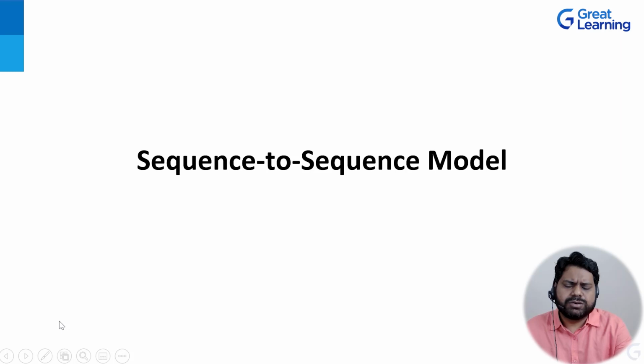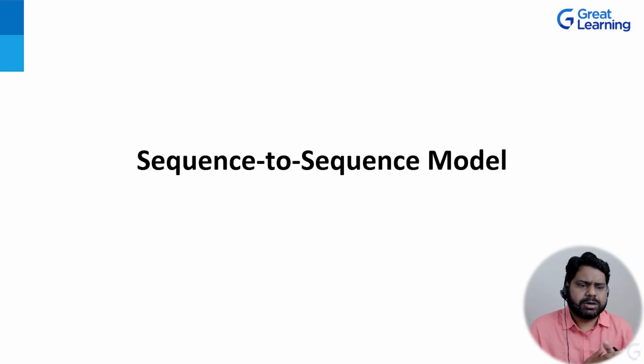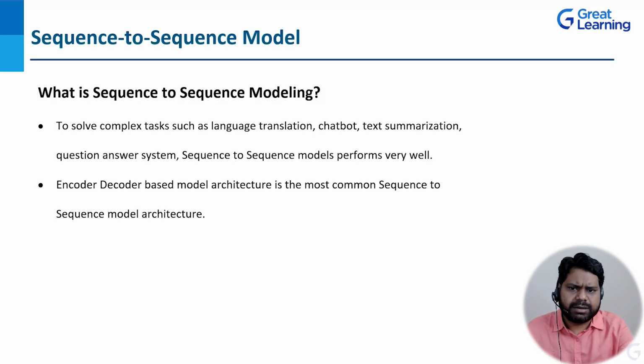So what is a sequence to sequence model? Till now we have covered the basics of natural language processing which we use in deep learning. Now let's try to understand what a sequence to sequence model is. In order to solve complex tasks like language translation, creating a chatbot, text summarization, and question answer systems, sequence to sequence models work very well.